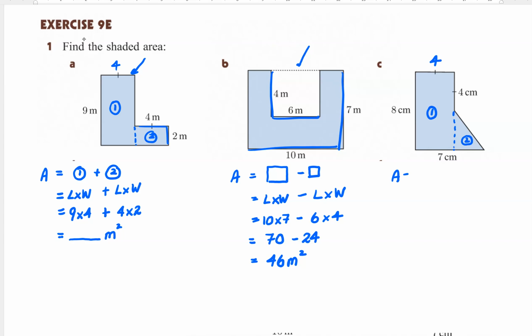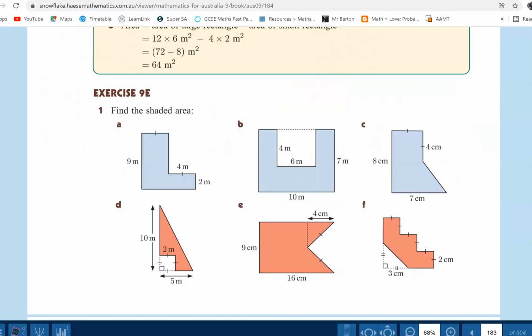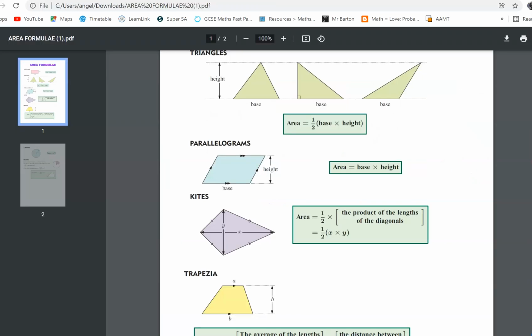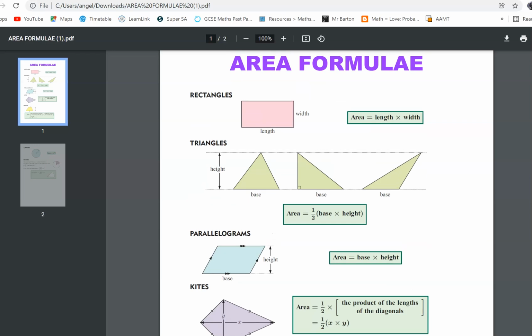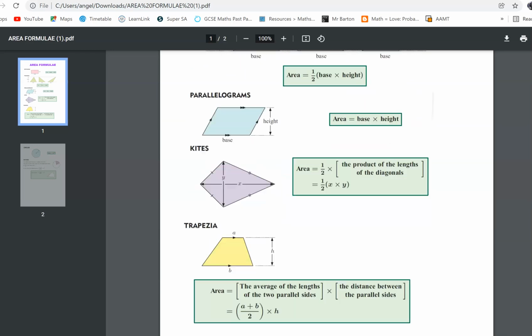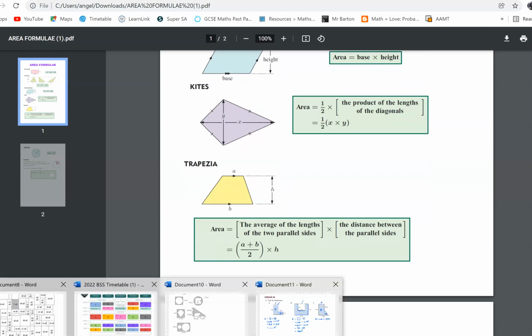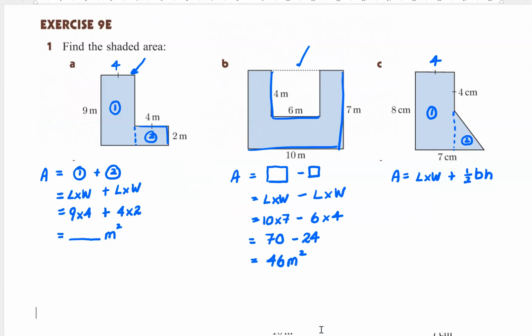So area will be the length times width plus a half, base times height. And remember, if you have forgotten your formulas, if you didn't know what the area of a triangle was, don't worry about it. Go back. You should have this saved in your file, all of your formulas. So go back, have a look, and that's fine.